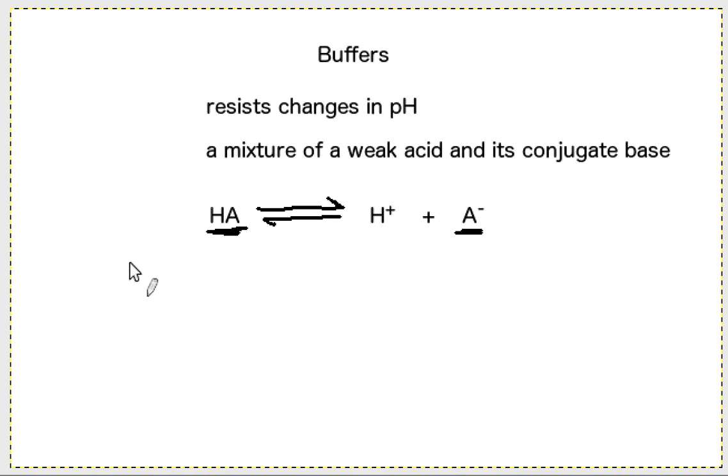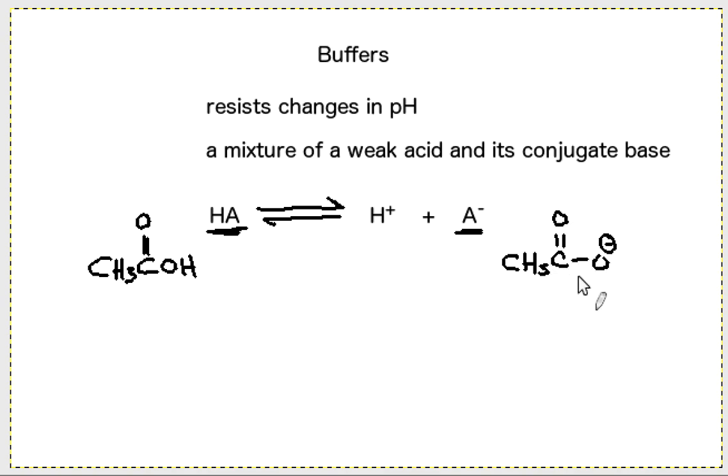Here's acetic acid, CH3, as just an example. That's supposed to be a double bond, OH. Here's the proton that's going to be donated, and when it donates that proton, it forms its conjugate base, negatively charged acetate.